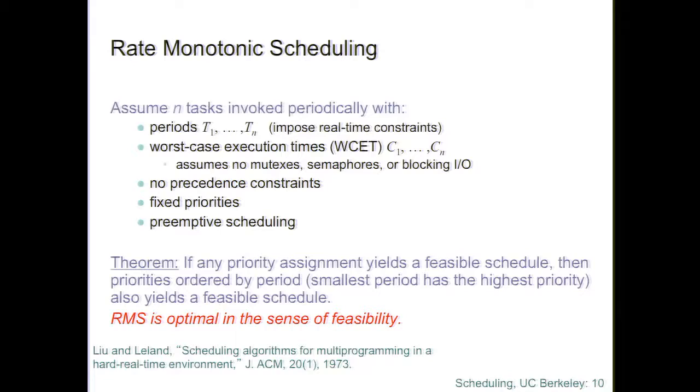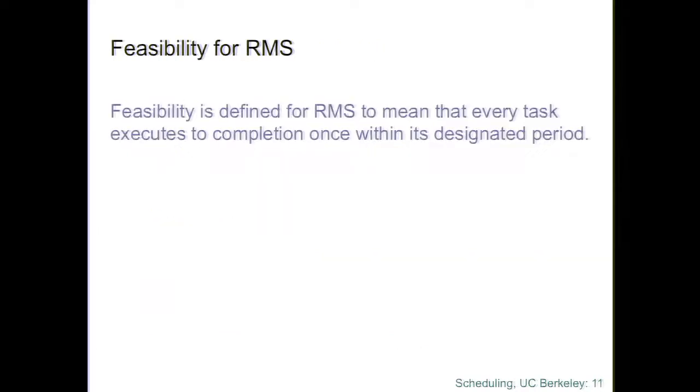Put another way, the contrapositive of that is if rate monotonic scheduling fails to be feasible, then there is no scheduling assignment that is feasible. I mean, no priority assignment that is feasible. Okay? That's an equivalent statement. Okay. Every task executes to completion once within its designated period.